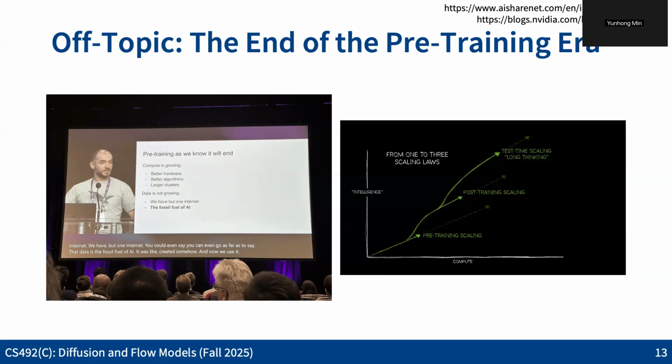So anyway, he talks about many things about AGI, and one of the things he was talking about even a year before was the end of the era of pre-training. The claim is that, especially for LLMs, we have already used all the data that we can use, everything that exists on the internet.